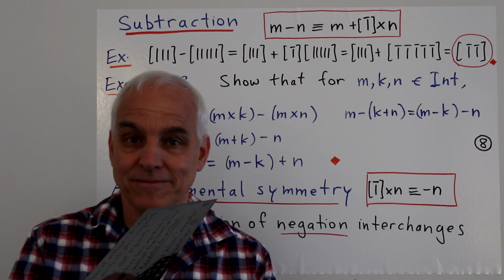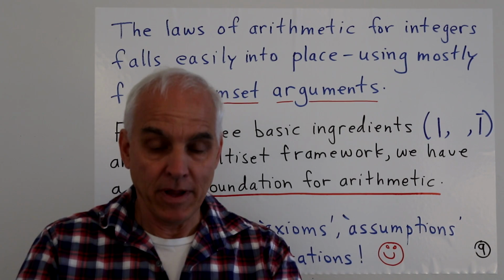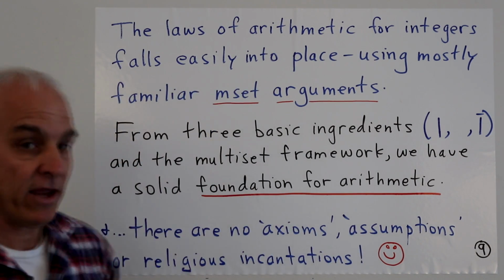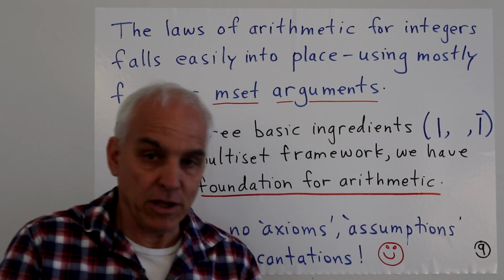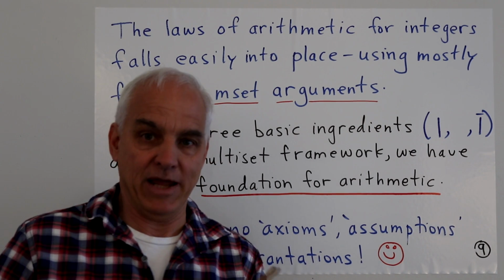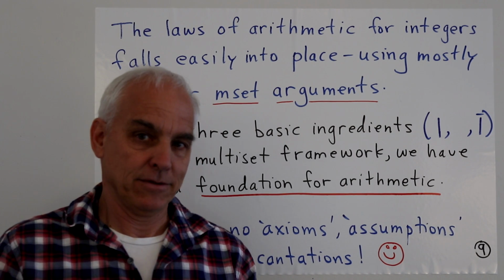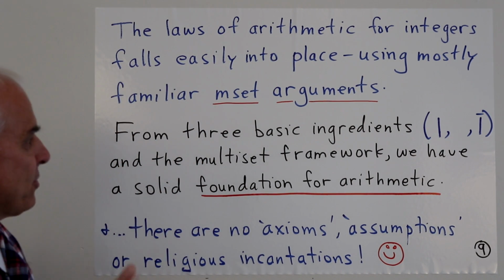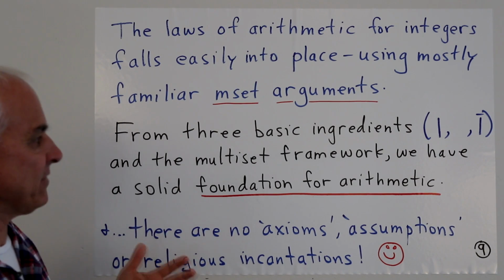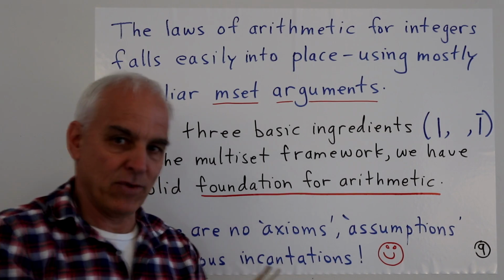So I hope you can appreciate that the framework that we're setting up here is pretty simple. Things really kind of fall into place because we're working in a familiar m set kind of environment, and we know how to add m sets and multiply m sets subject to our basic understandings. So it's quite a pleasant situation, and it's nice that there's really only these 3 fundamental ingredients.